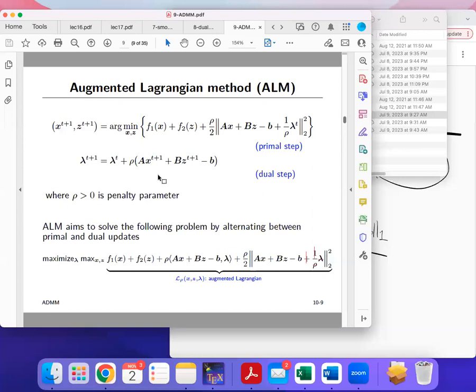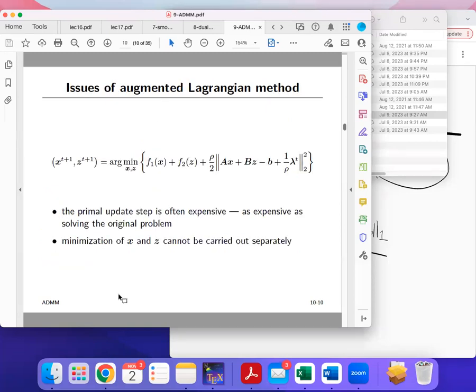So the primal step and dual step are just alternately optimizing the augmented Lagrangian function. And this method is, in many cases, of theoretical interest, but we almost never use it in practice because of these two issues.